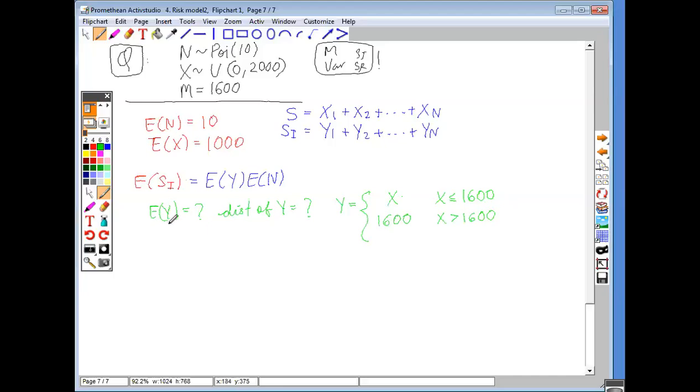So now if I have to figure out the expectation of y, what would this be? Integration of 0 to 1600 x f(x) dx plus integration 1600 to infinity m f(x) dx. Does everyone understand this?